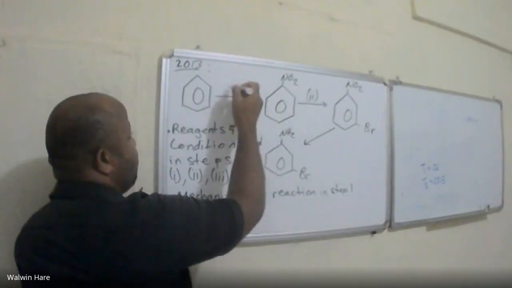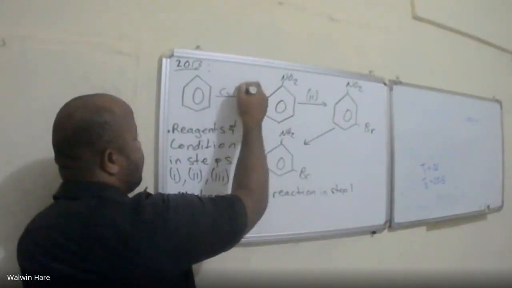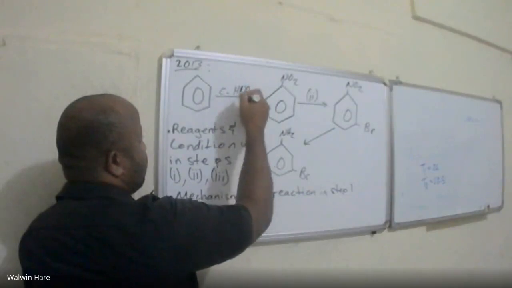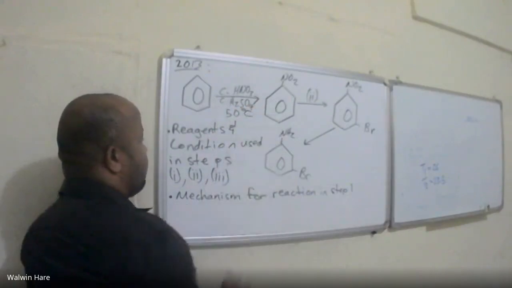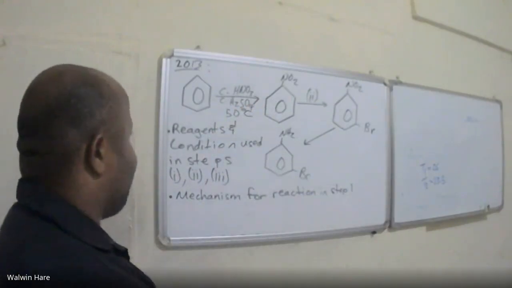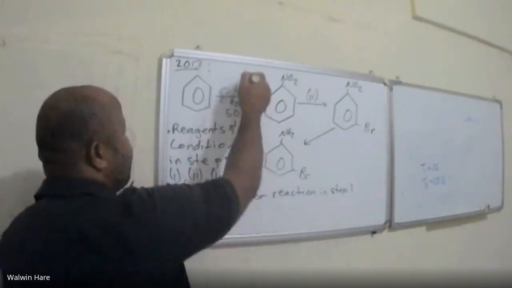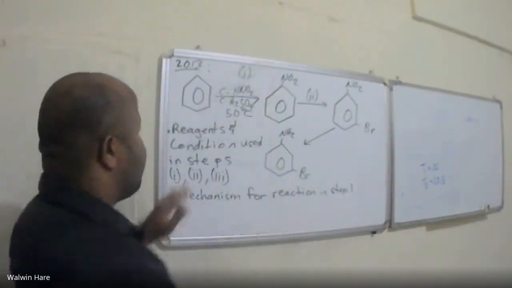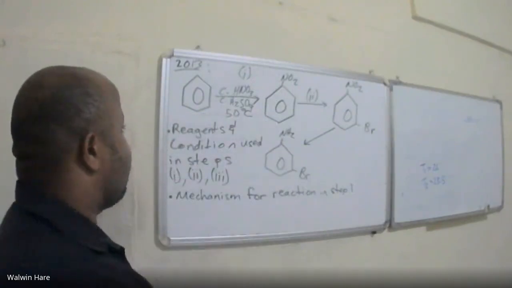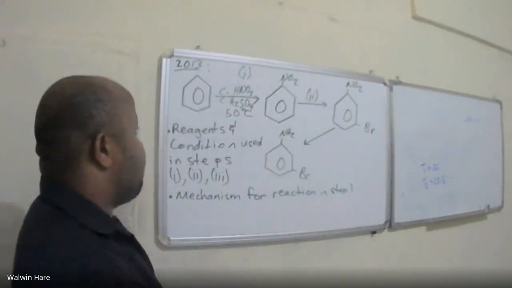And so you would need concentrated nitric acid, concentrated sulfuric acid, temperature of 50 degrees Celsius. So the reagents and conditions for step one, it's nitration of benzene, so we need nitric acid and sulfuric acid.